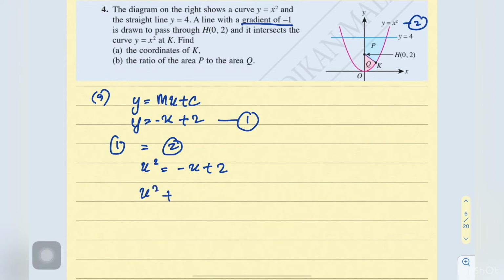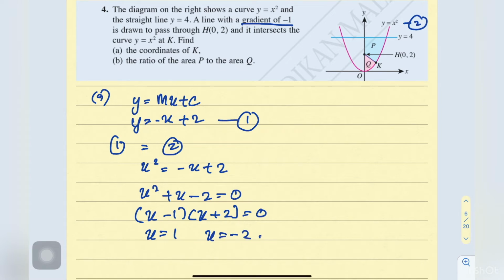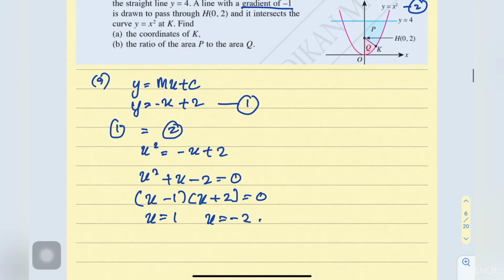So x squared plus x minus 2 equals 0. This one we can factorize: (x plus 2)(x minus 1). So x equals 1, x equals -2. Okay, since the position of K is on the right side, you choose x positive. So if x equals 1, you substitute into either equation 1 or 2. So y equals 1. Therefore, the coordinates of K are (1, 1).